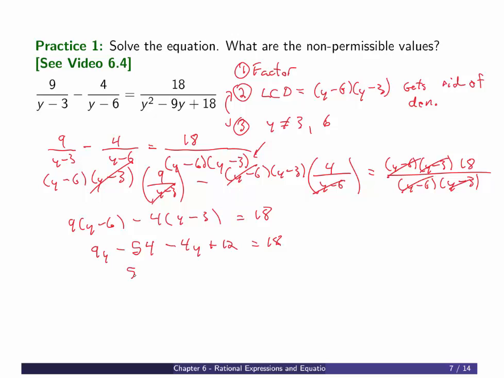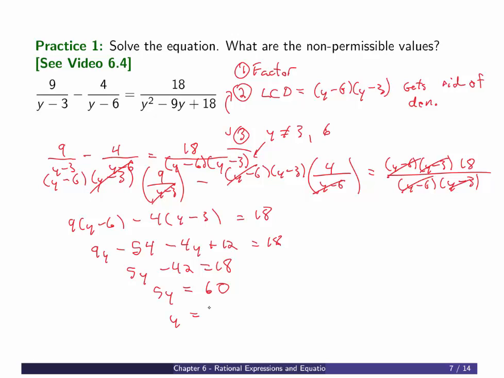So we have 5y, then we have negative 54 plus 12, and that comes out to be negative 42 equals 18. What we're left with is 5y equals 18 plus 42, which is 60. So y will equal 12.